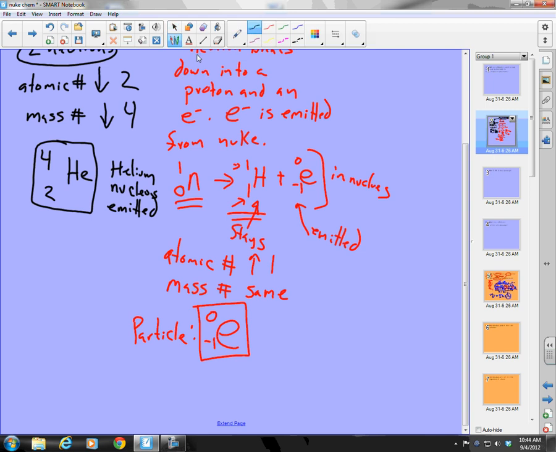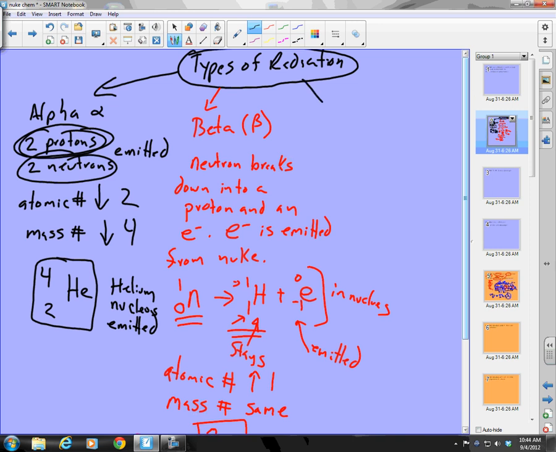Let's go to the third type of radiation that I want to talk about, and that is called positron. Positron radiation, positron decay, is kind of the mirror image of beta. In fact, we have a proton which decomposes into a neutron and something we call a positron.